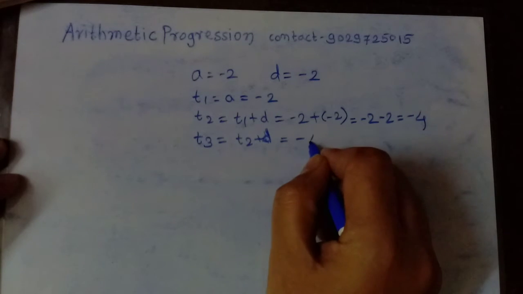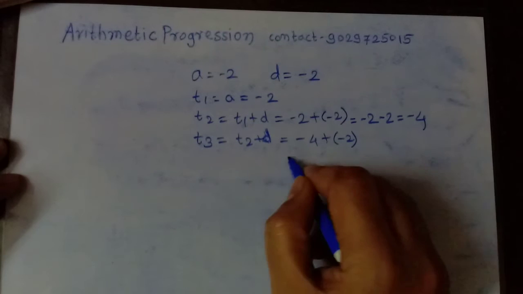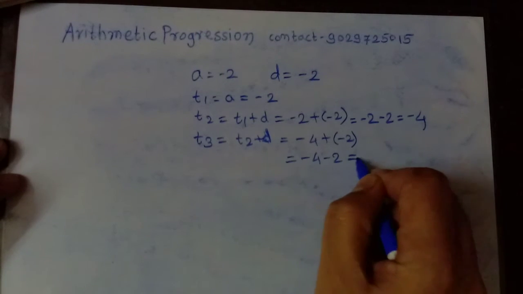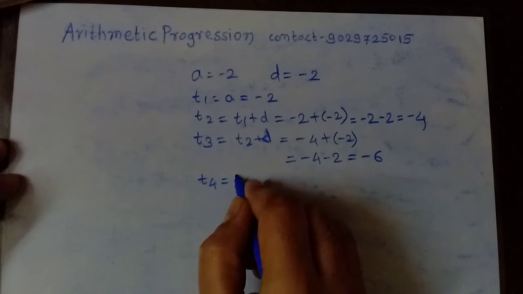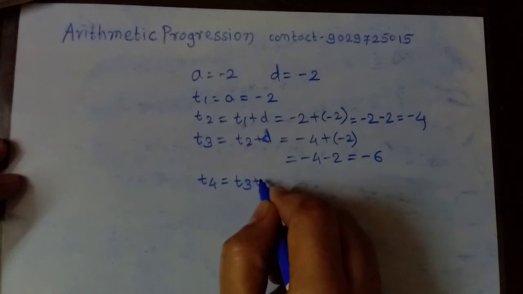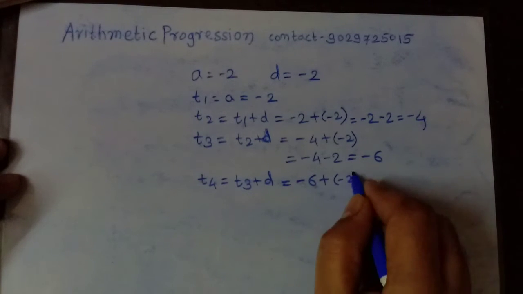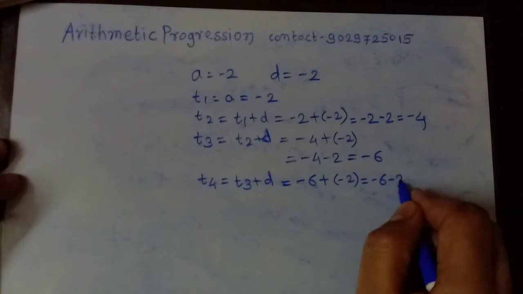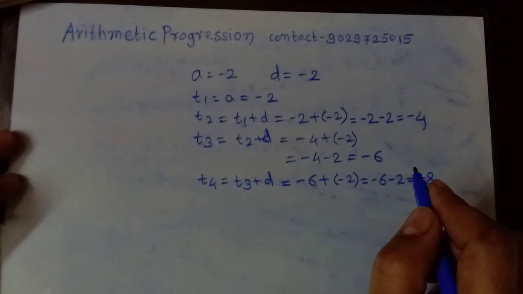T2 is -4 plus d is -2, that is -6. Then T4 = T3 plus d. T3 is -6 plus d is -2, that is -6 -2, answer is -8.